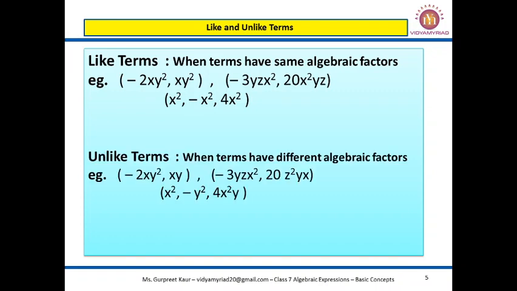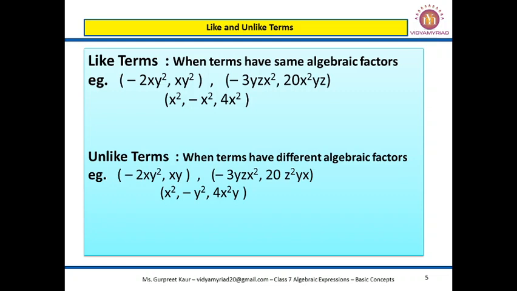Same way, we have unlike terms also, which have different algebraic factors. That means they are not like terms or they are not same. For example, minus 2xy square and xy. They both are different. They can't be same. y has 2 power, in the other y has only 1 power. Next example, minus 3yz x square and 20z square y.